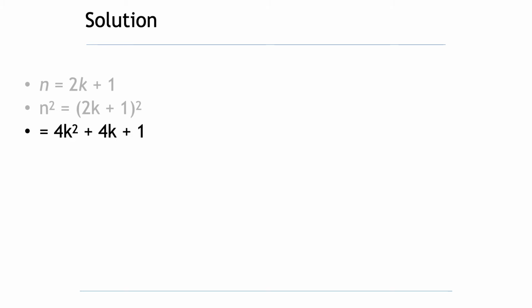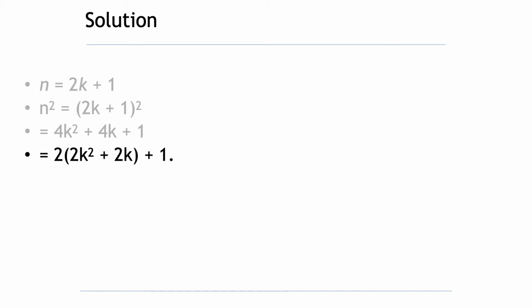This is basic algebra. We just need to expand that right side of the equation. Now, if we choose a common factor of 2 between the first two terms, this will give us that 4k squared plus 4k plus 1 is also equal to 2 times (2k squared plus 2k) plus 1.